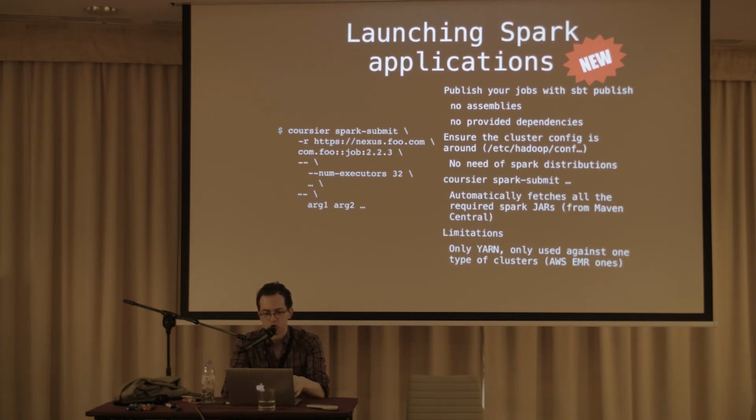So we want to launch a Spark application, and the standard way consists in creating assemblies and adding Spark as a provided dependency. With coursier Spark Submit, we don't need to do that. So we just call sbt publish, and this publishes the job on some repositories.